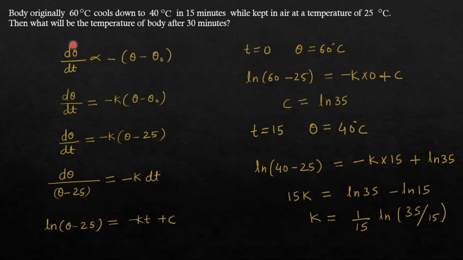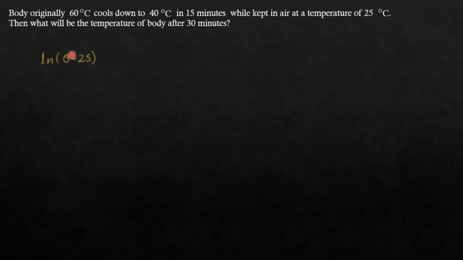Now it is asking what will be the temperature of the body after 30 minutes. So put the values of k and c in this equation. You will get ln of theta minus 25 is equal to minus 1 by 15 ln of 35 by 15 into t plus c, where c is ln 35.